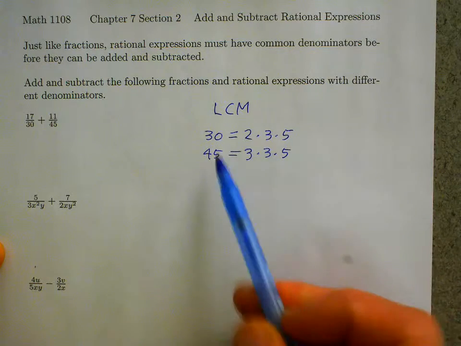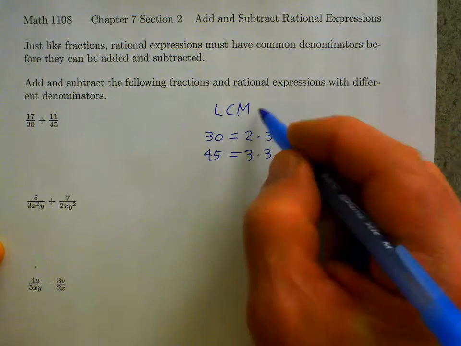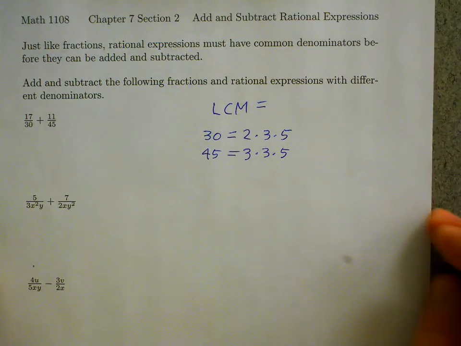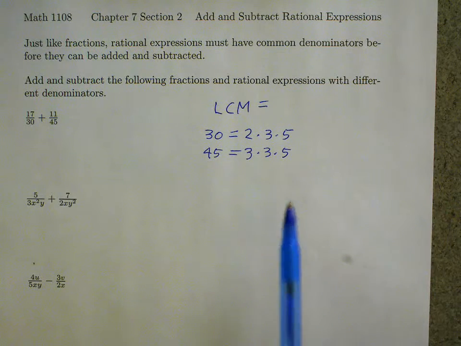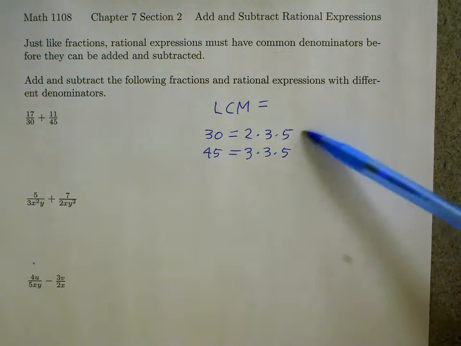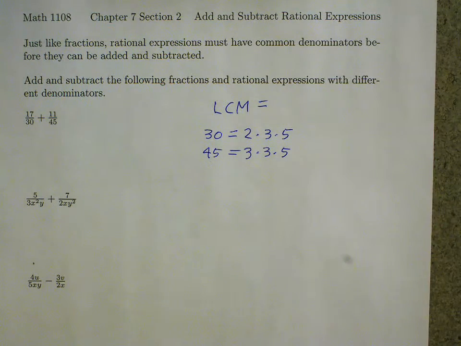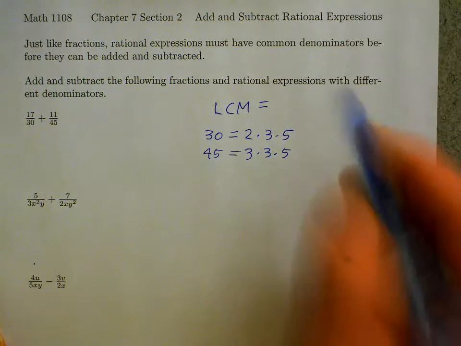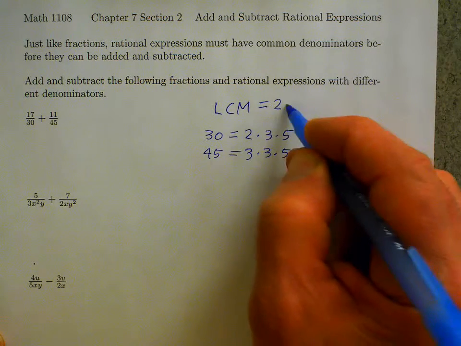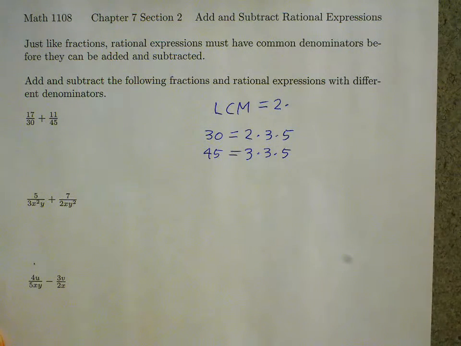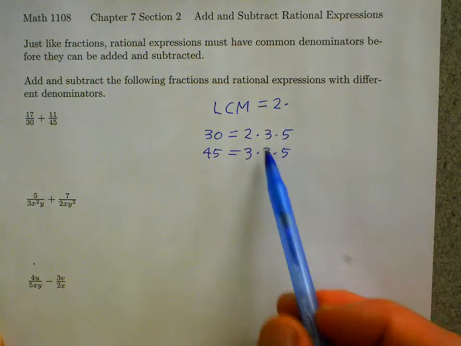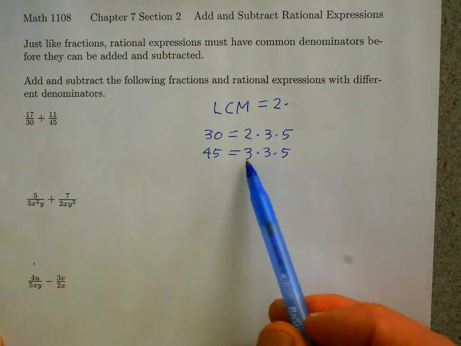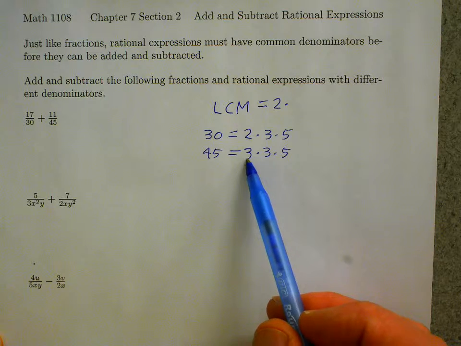The least common multiple of 30 and 45 must have the prime factors of both of those numbers. Since 2 is a prime factor of 30, 2 must also be a prime factor of the least common multiple. 30 has a prime factor of 3, and 45 has a prime factor of 3 twice.